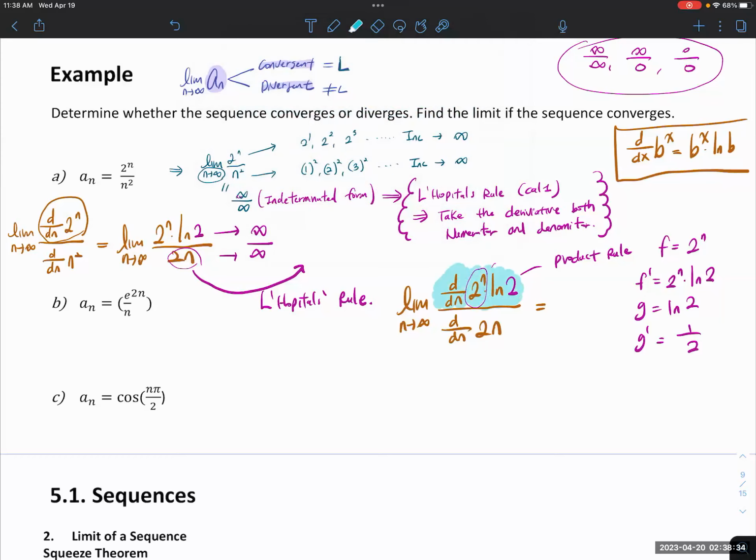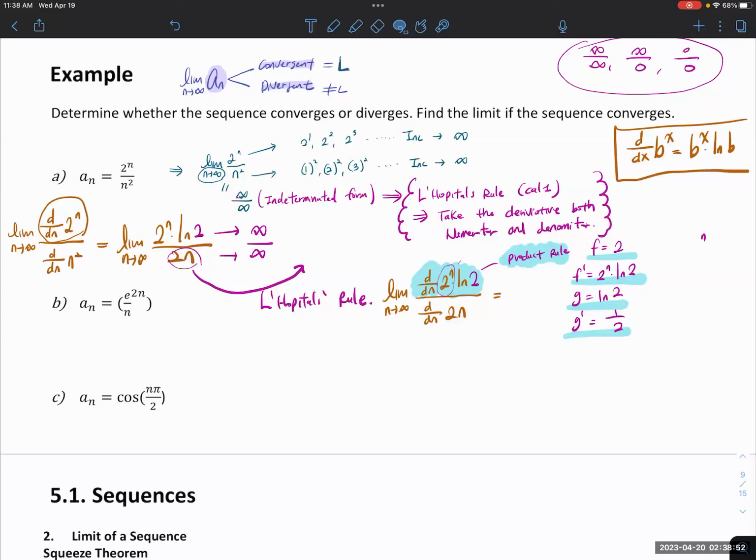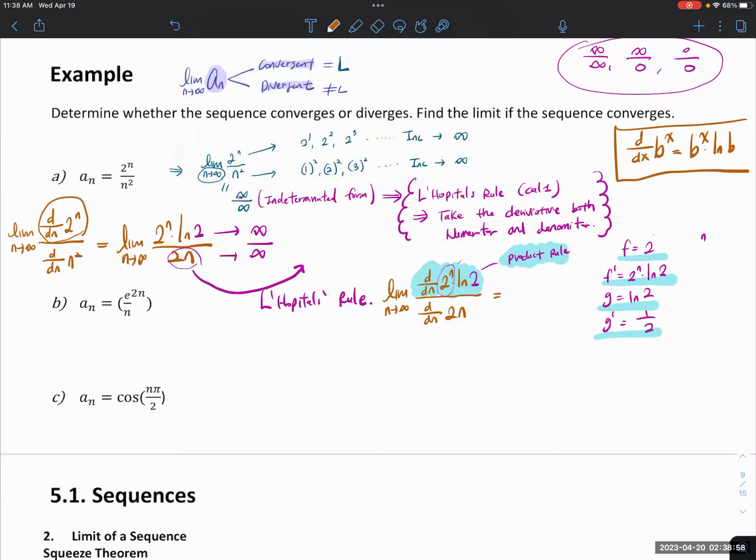So this is the product rule. F is a 2 to the n, so f prime is a 2 to the n times ln 2. G is ln 2, g prime should be 1 over 2. So according to the product rule, what happened? I'm gonna minimize it a little bit. So what happened here? We have f prime g plus g prime f.